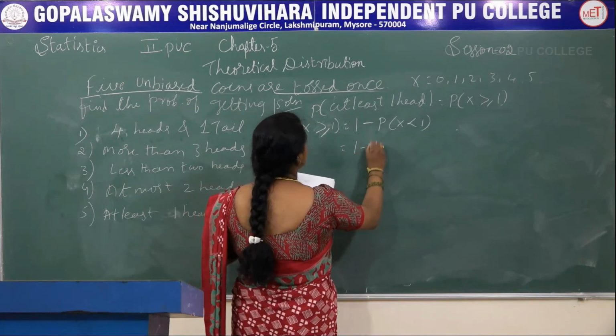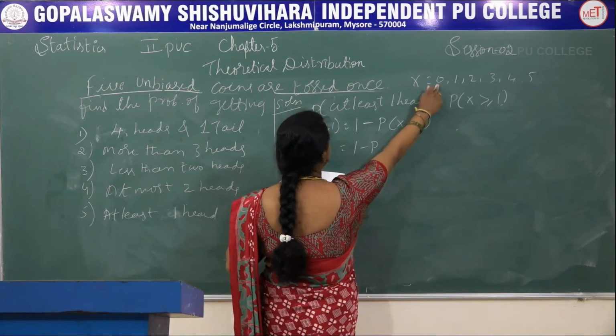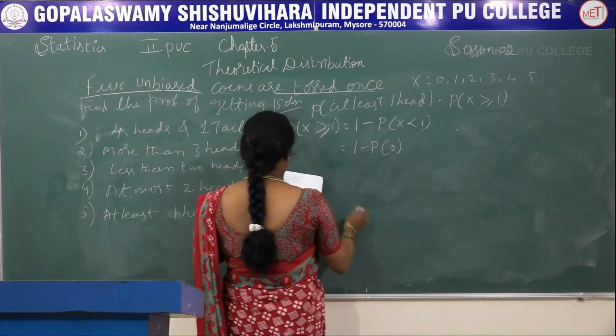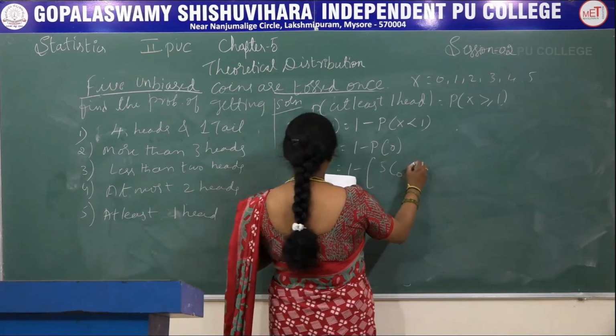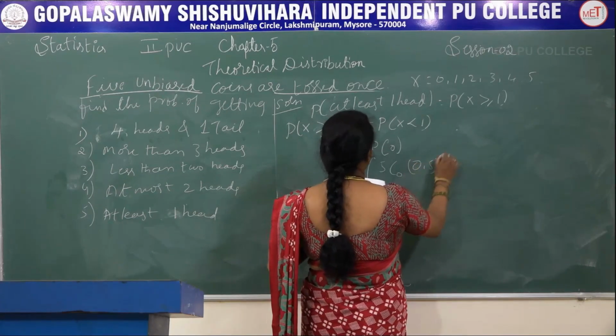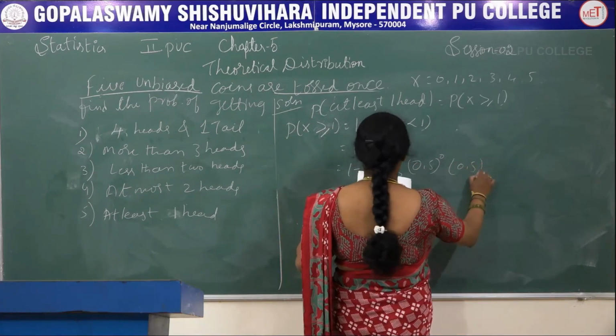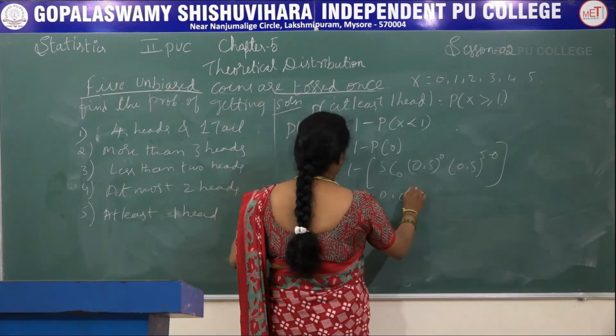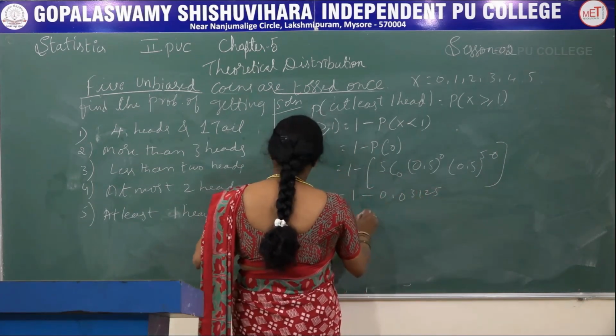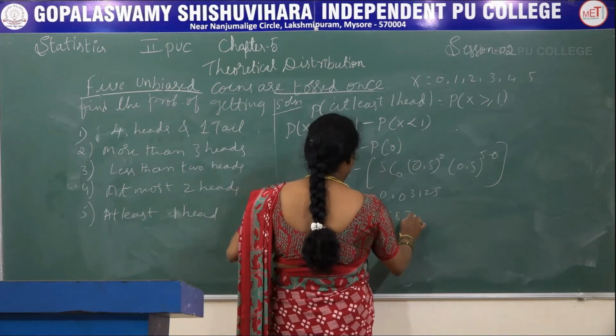This is 1 minus P of less than 1, which is just P0, so 1 minus 5C0, 0.5 to the power 0, 0.5 to the power 5 minus 0. This is 1 minus 0.03125, which is 0.96875.